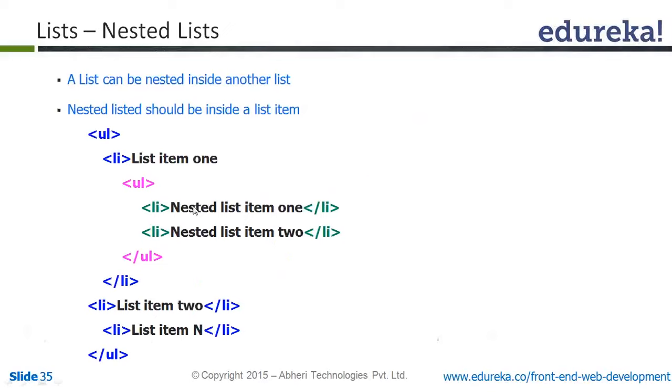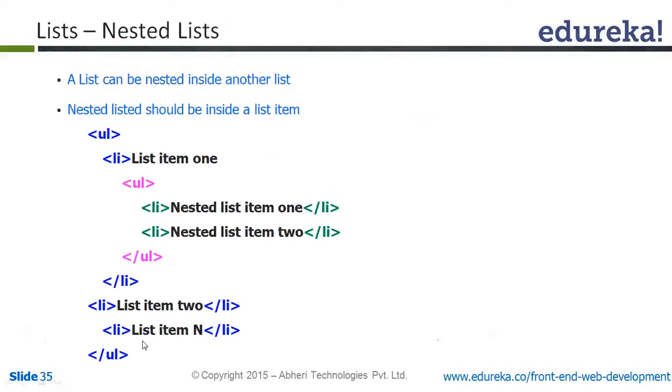You might have seen a main menu: if you select one menu item, you will have a sub menu, and the sub menu will have another sub menu. So menus are embedded inside another. To implement that feature, you need to use nesting of the lists like this.